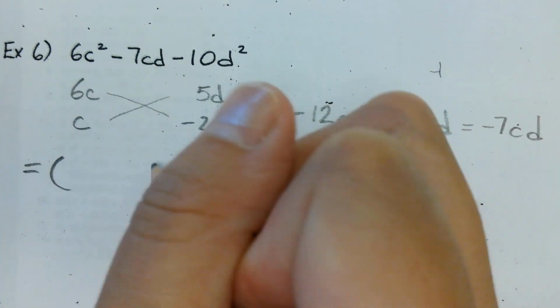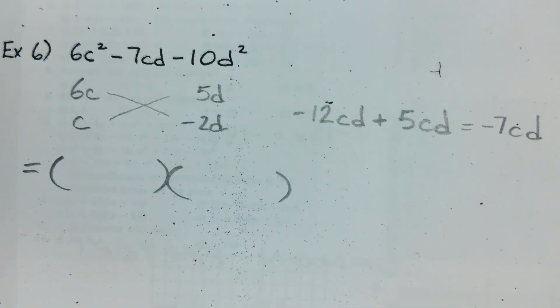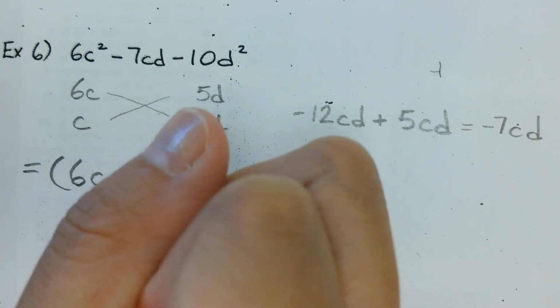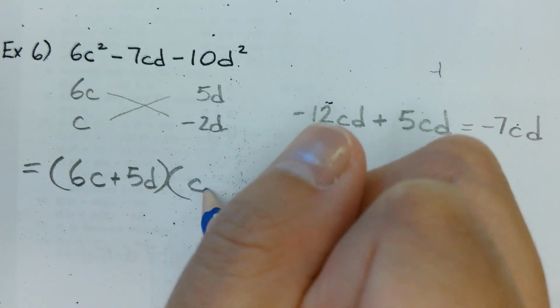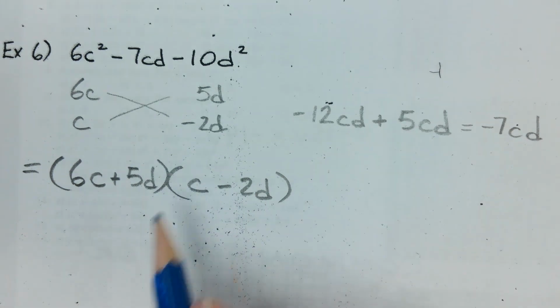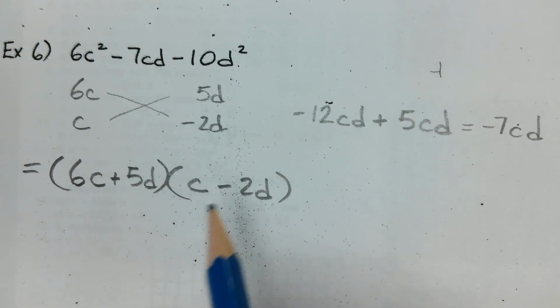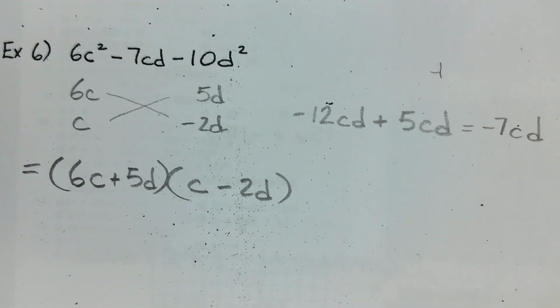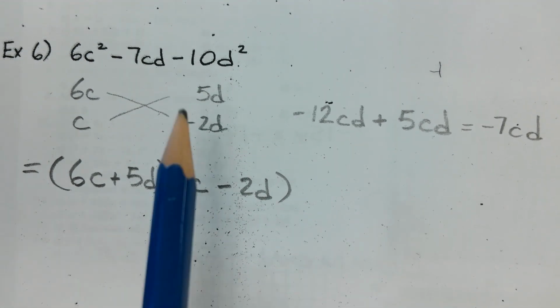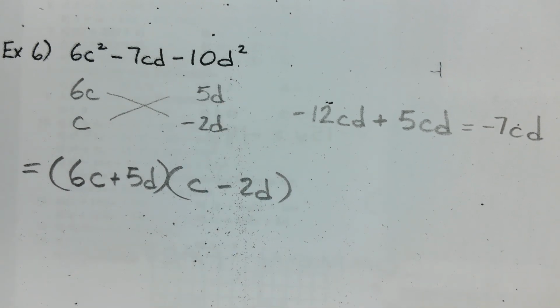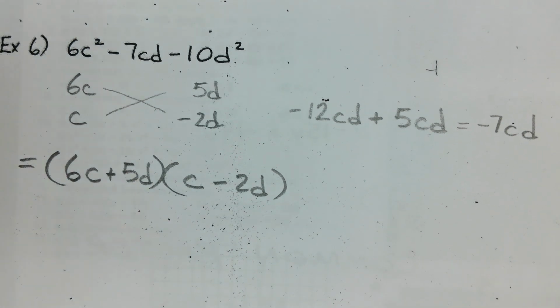So to write my final answer, yep. 6c plus d. Perfect. All right, so it's not always going to be a variable plus a constant. It could have a second variable as well. All right, and you just do the same thing on this side. Split it up. Yeah, we're going to do that right now.